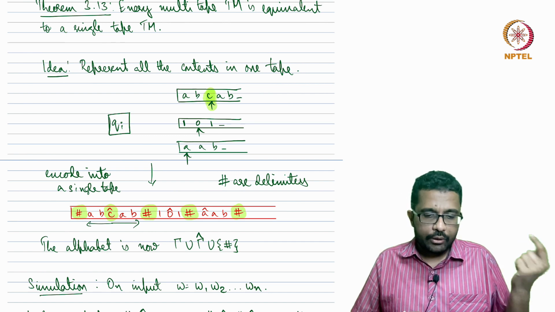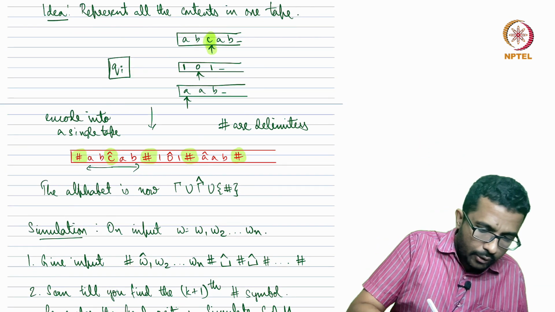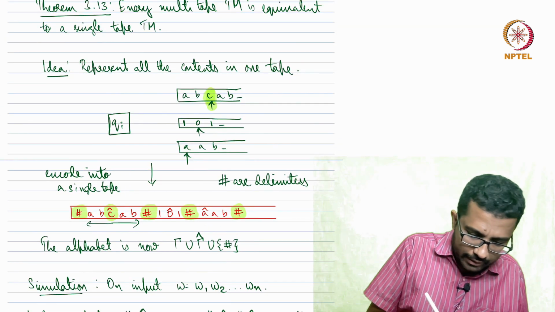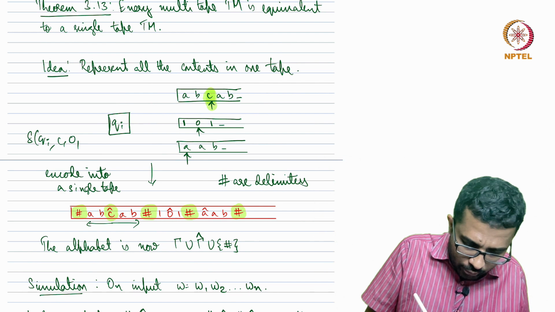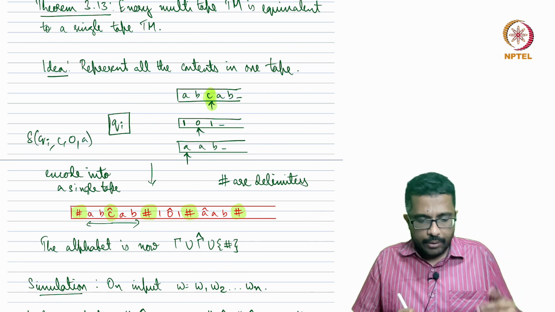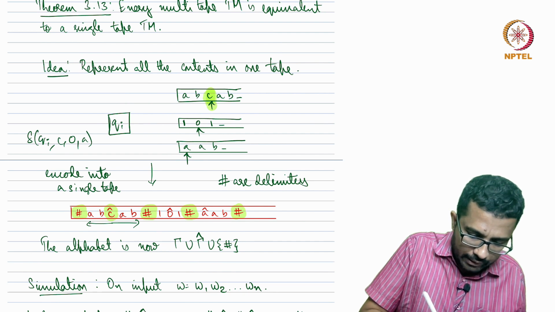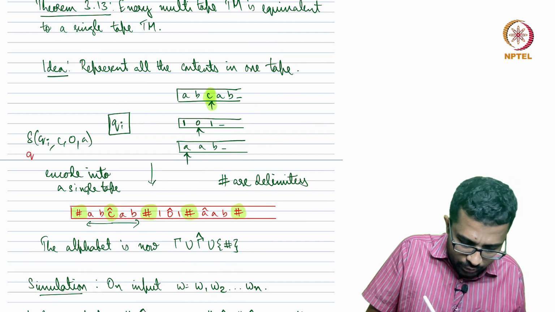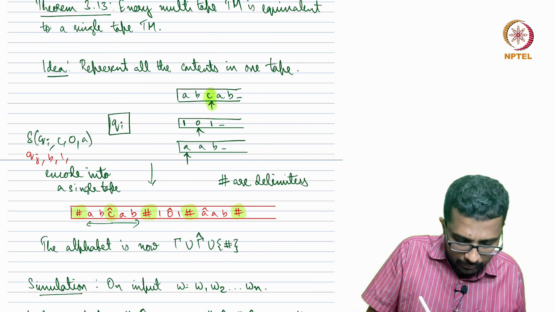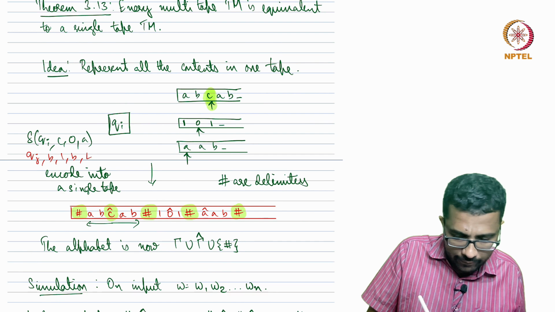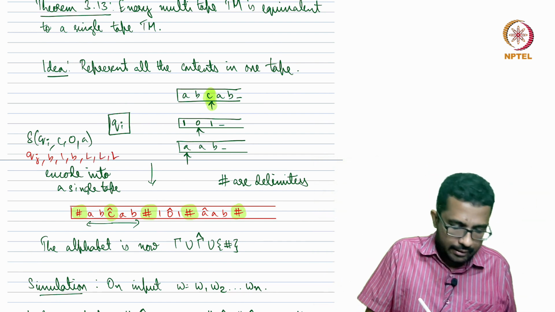And you know that the state was Qi. So now you can look at the rule. You can just ask what was delta of Qi, C, 0, A. Suppose this asked us to go to something like Qj, B, 1, B, left, left, left. So suppose this is the rule.